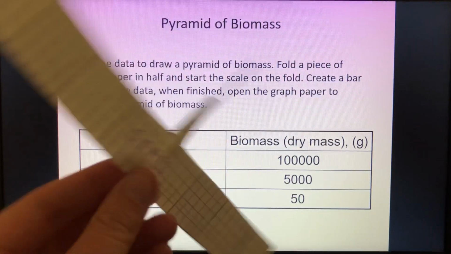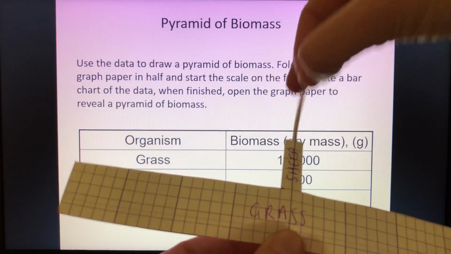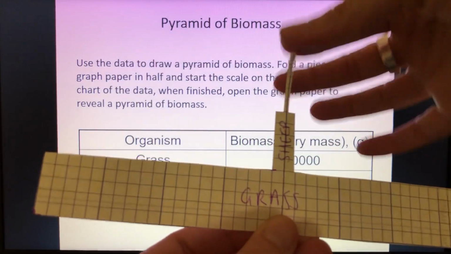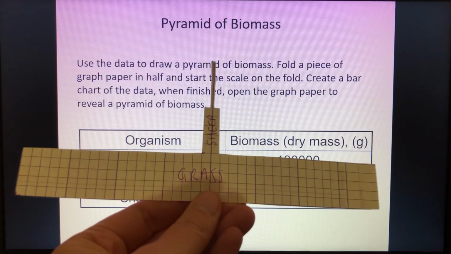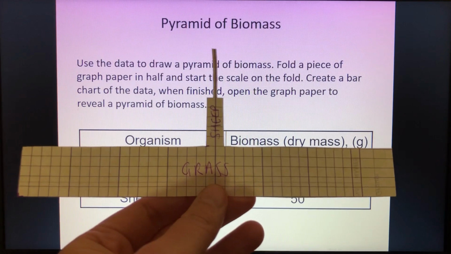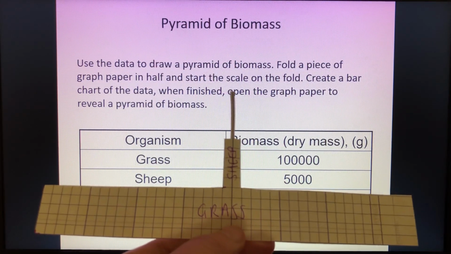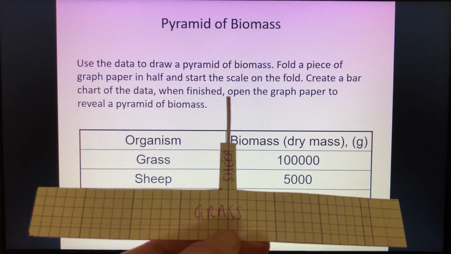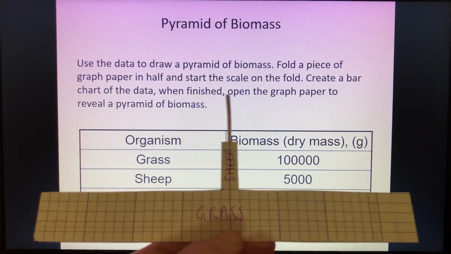And then when I open it up, I've got a scale model of a pyramid of biomass. So I've created my own pyramid of biomass, labelling each of the sections. I couldn't label sheep ticks because it was such a tiny bar, but you can see I've labelled grass, I've labelled sheep, and that gives us a to scale pyramid of biomass.